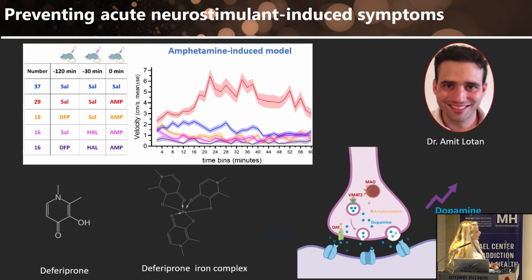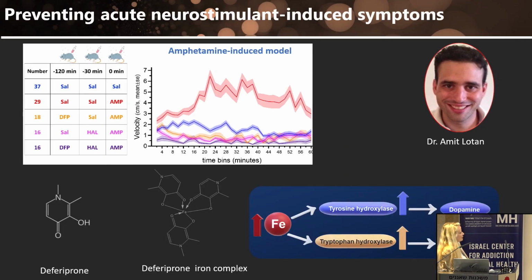Probably because amphetamine is elevating dopamine, what happened was that the synthesis of dopamine was reduced by iron chelation, because tyrosine hydroxylase is an iron-dependent enzyme, and so we could probably mitigate some of the effects of addictive neurostimulants.